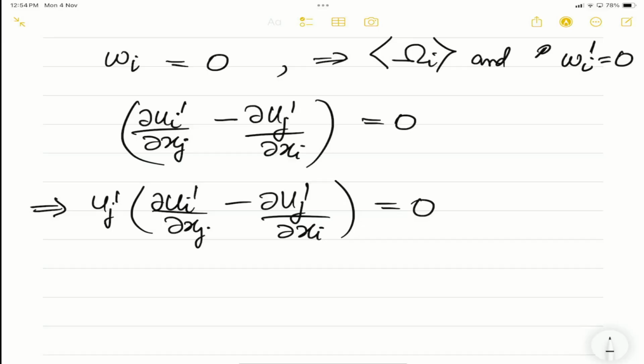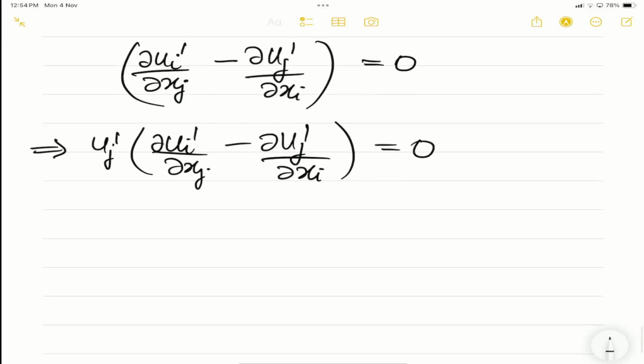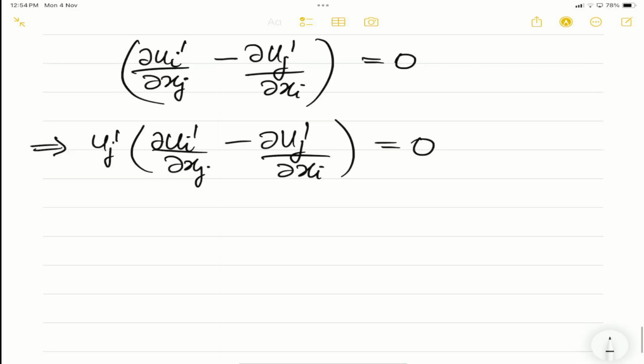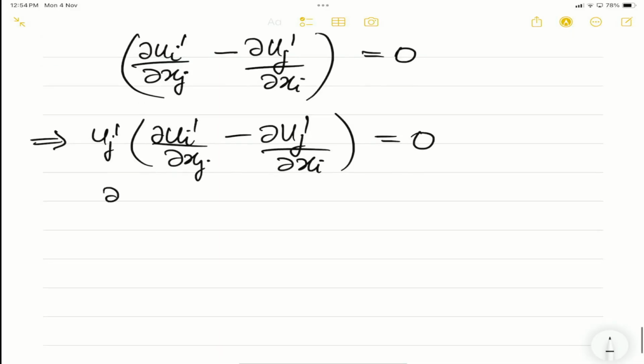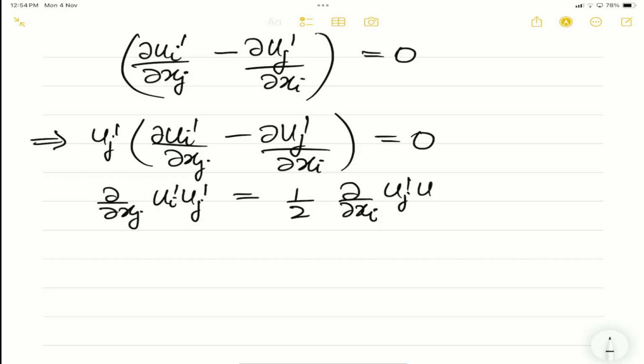Now here the first term becomes d by dxj of ui prime uj prime. Here we are using the continuity equation, and this is equal to half d by dxi of uj prime uj prime.